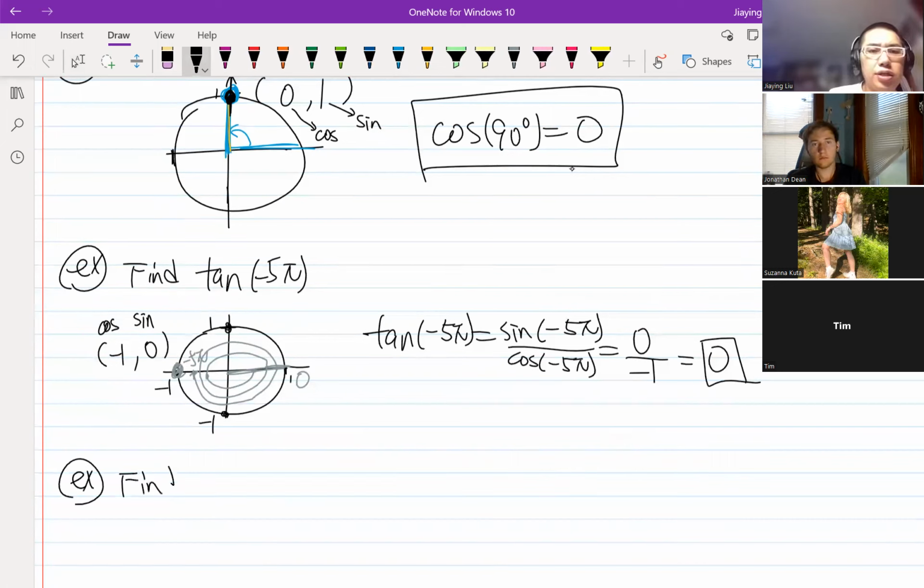So we're going to find the tangent of, how about this? Negative 8 pi over 3.